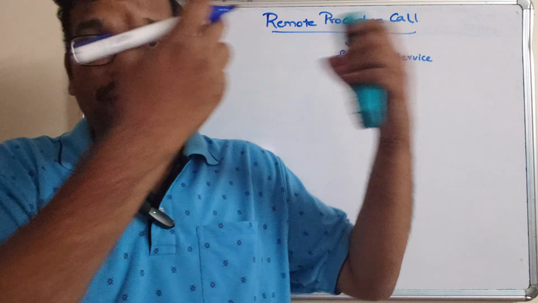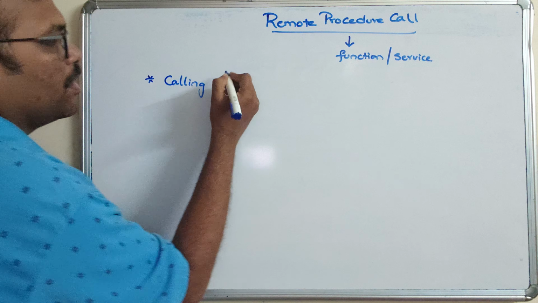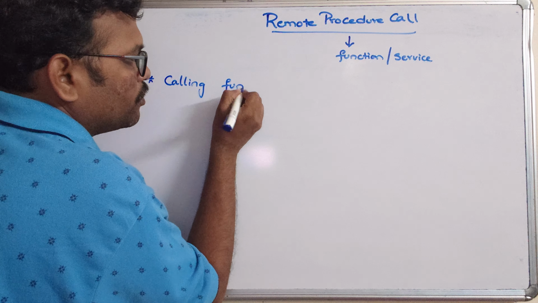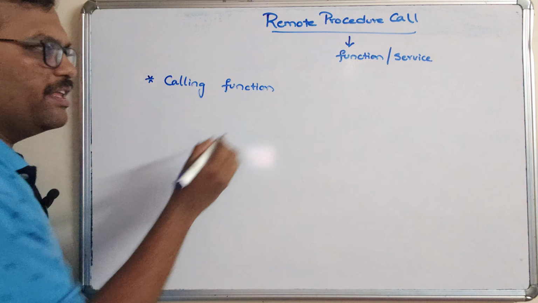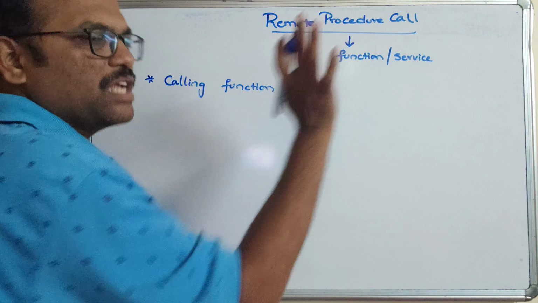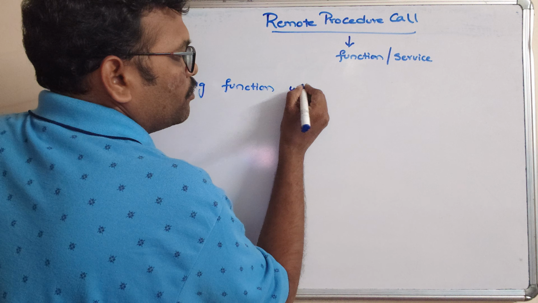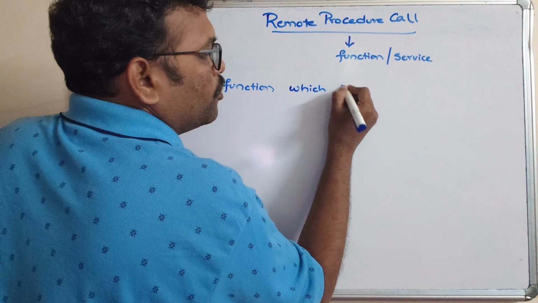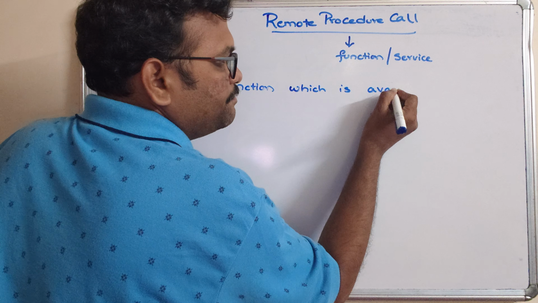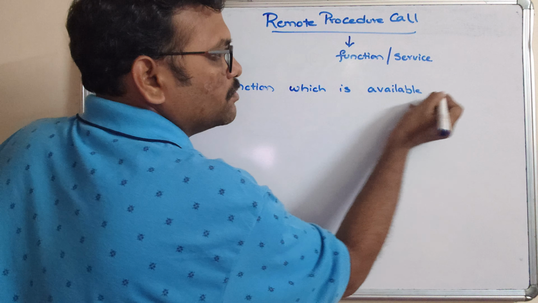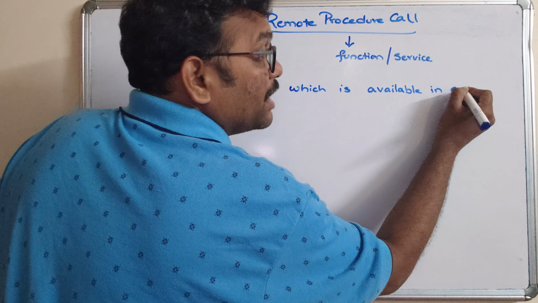So the definition means calling a function or a procedure, you can write it anything, function or procedure or a service, calling a function which is available in another computer.